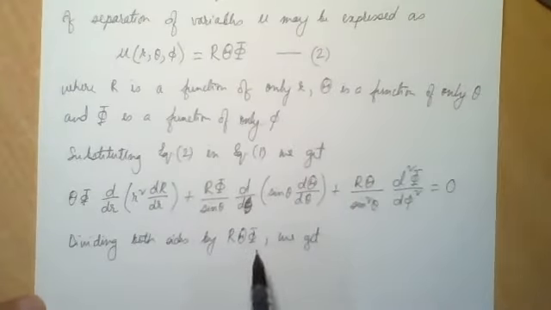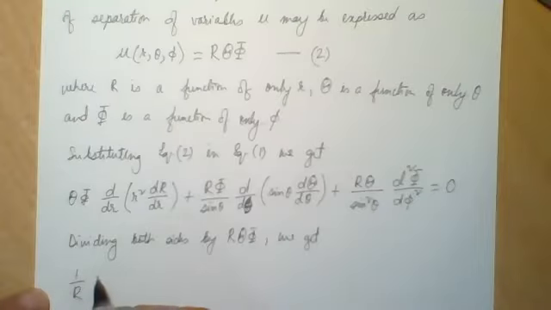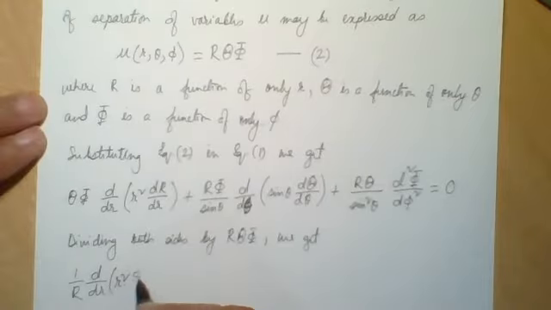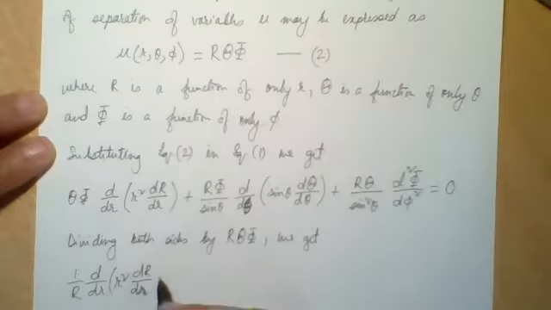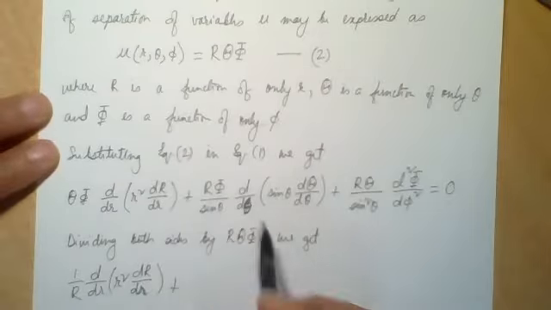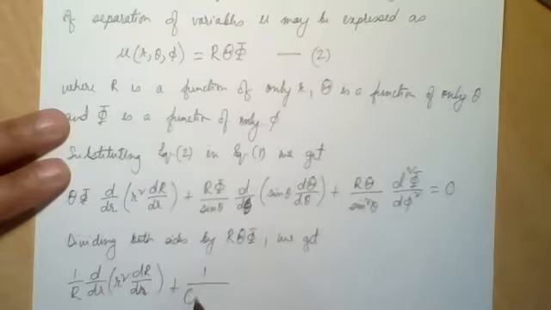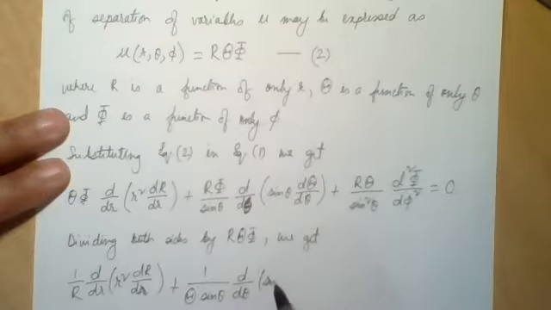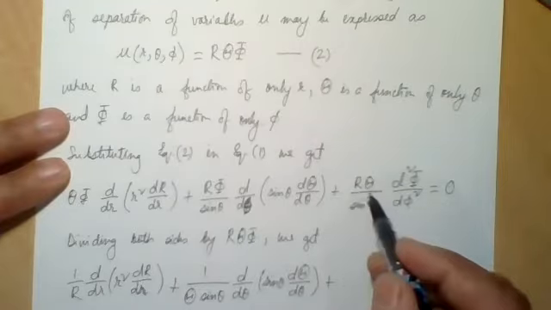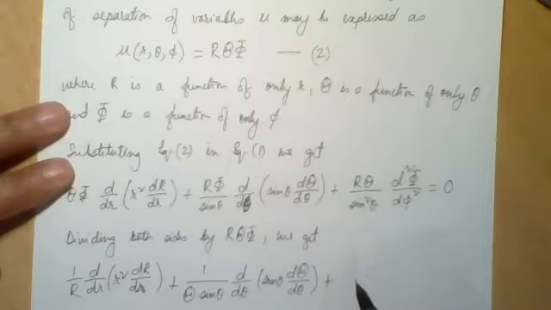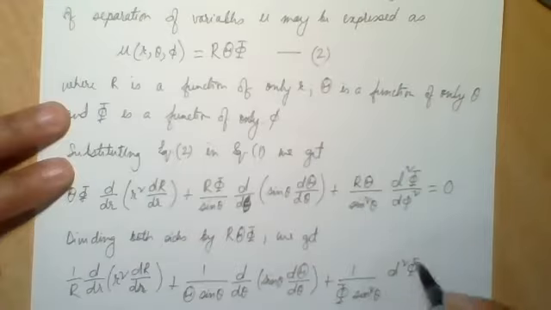So what remains is only 1 by R. So this is 1 by capital R, d by dr of r square dR by dr, plus 1 by capital theta sine theta, d by d theta of sine theta d capital theta by d theta, plus 1 by capital phi sine square theta, d2 capital phi by d phi square. This is equal to 0.